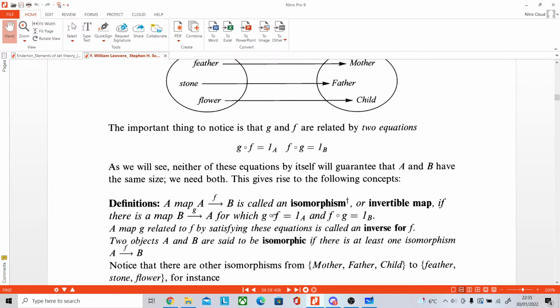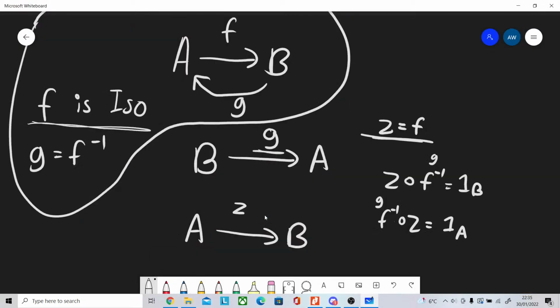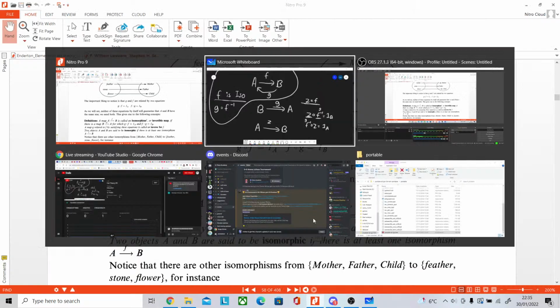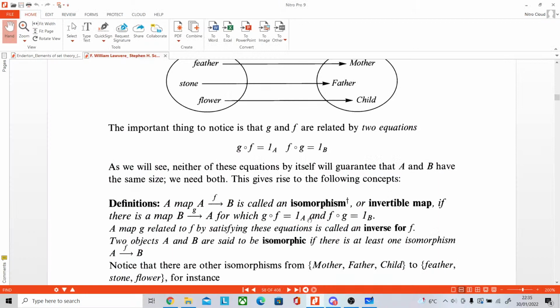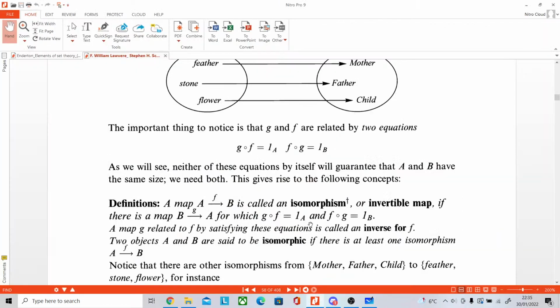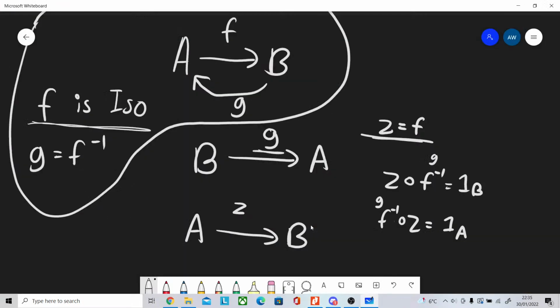So we have G of F, and G is the function that we're looking for, right? So if we have Z and then the function that we want to check, then it's, wait, what? Hold on. Oh, because G is from B to A. Yeah, this is going to be a bit hard to explain, but yeah.